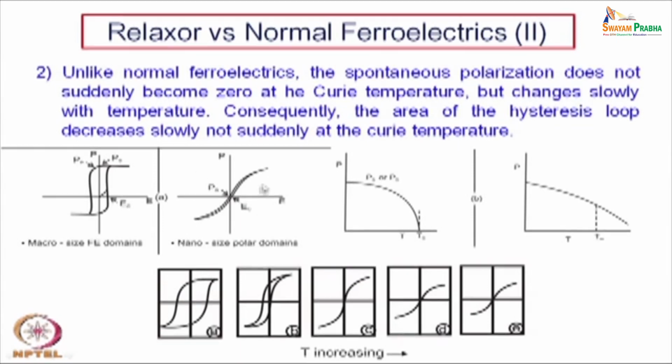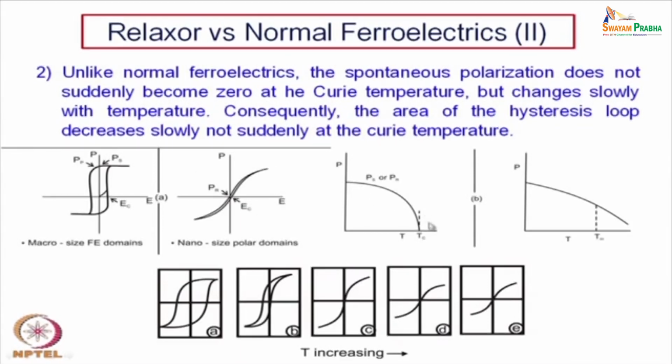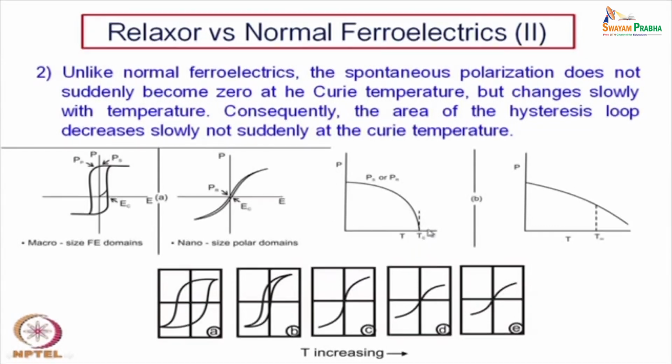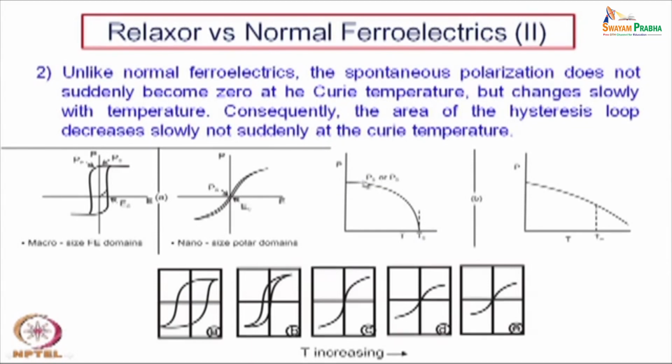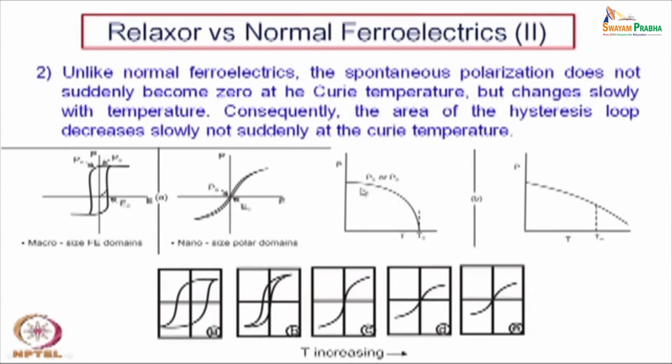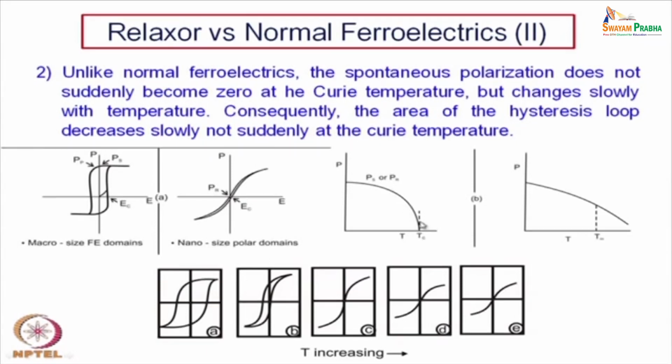Not only that, in a normal ferroelectric the spontaneous polarization stays more or less constant till very close to the Curie temperature, and then suddenly drops at the Curie temperature.